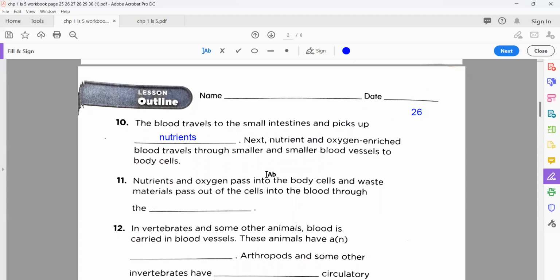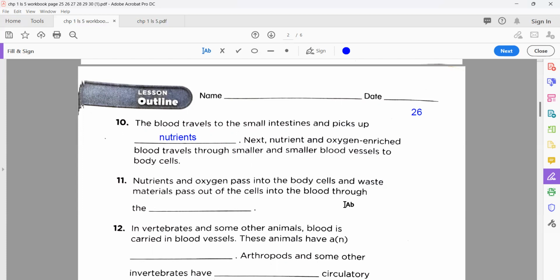Nutrients. Next, nutrients and oxygen in rich blood travels through smaller and smaller blood vessels to blood cells. Nutrients and oxygen pass into the body cells, and waste materials pass out of the cells into the blood through dash. So these are very small vessels.